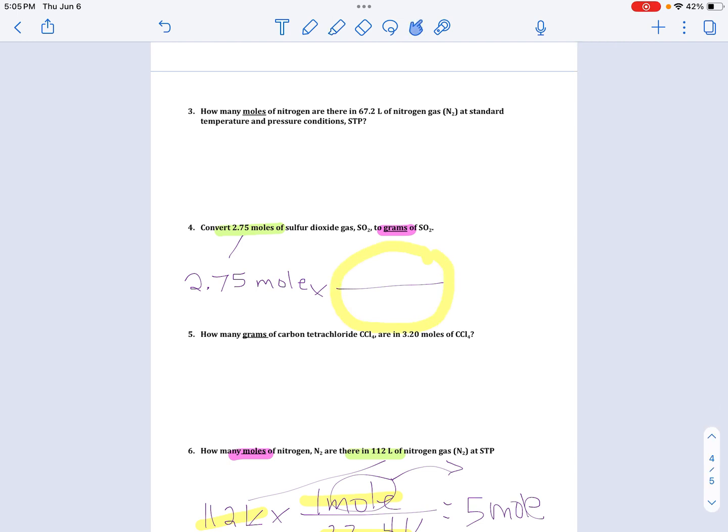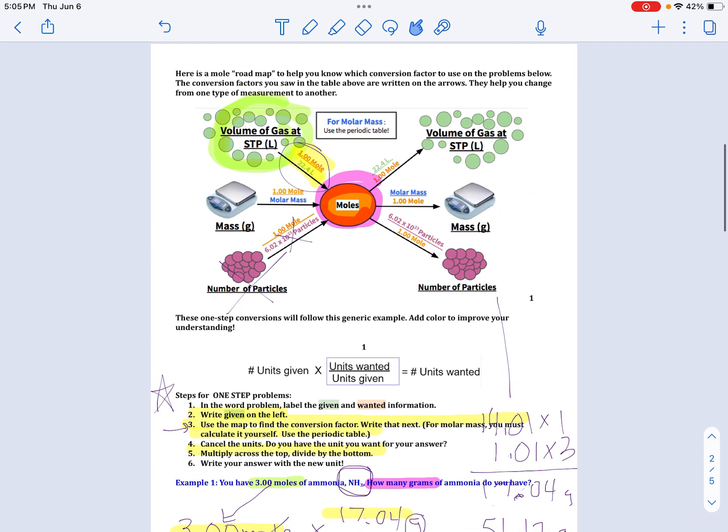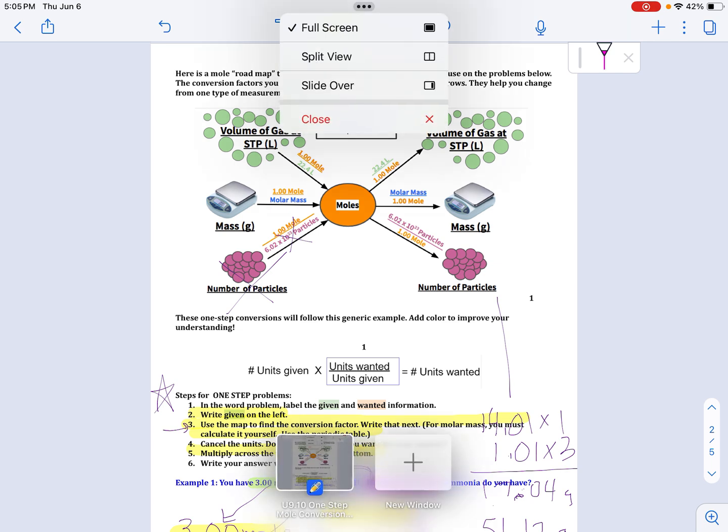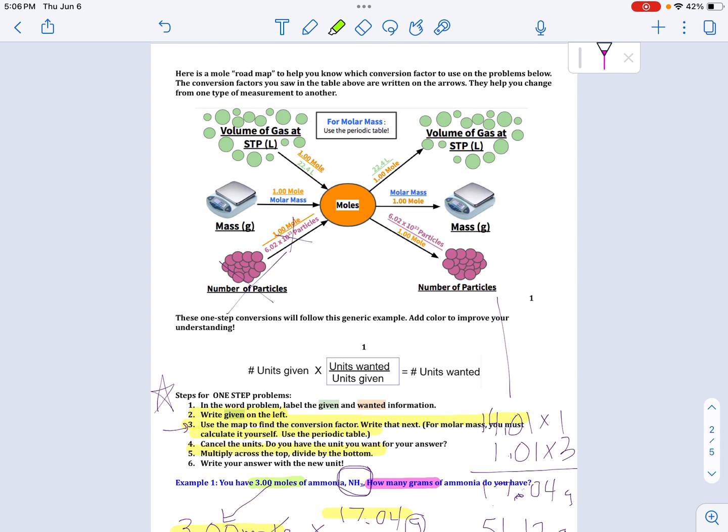So let's go up. I'm starting in moles, going to grams. Erase the last one I did. Okay, so starting, I'm going to use the green for given. Starting in moles, so here's moles.